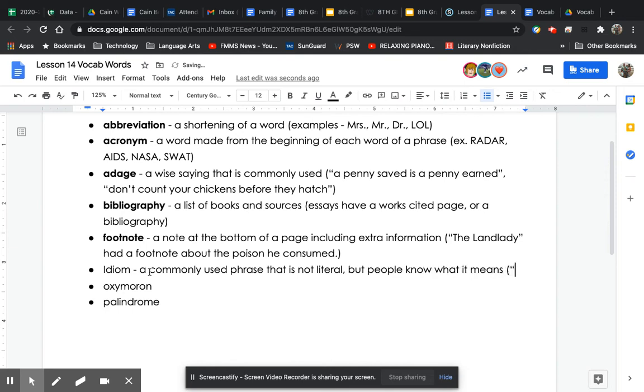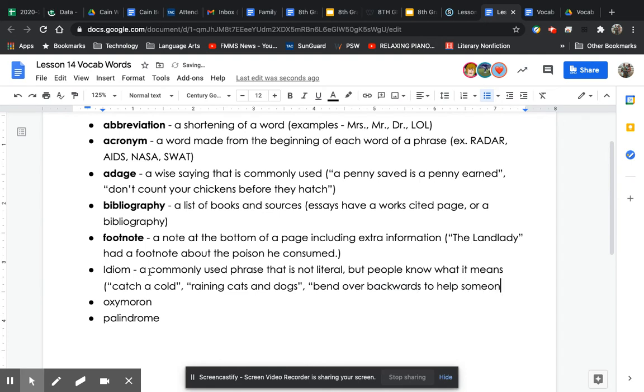So some examples of that are to catch a cold, raining cats and dogs, bend over backwards means you're helping somebody. If I'm going to help somebody, I'm not actually bending over backwards.